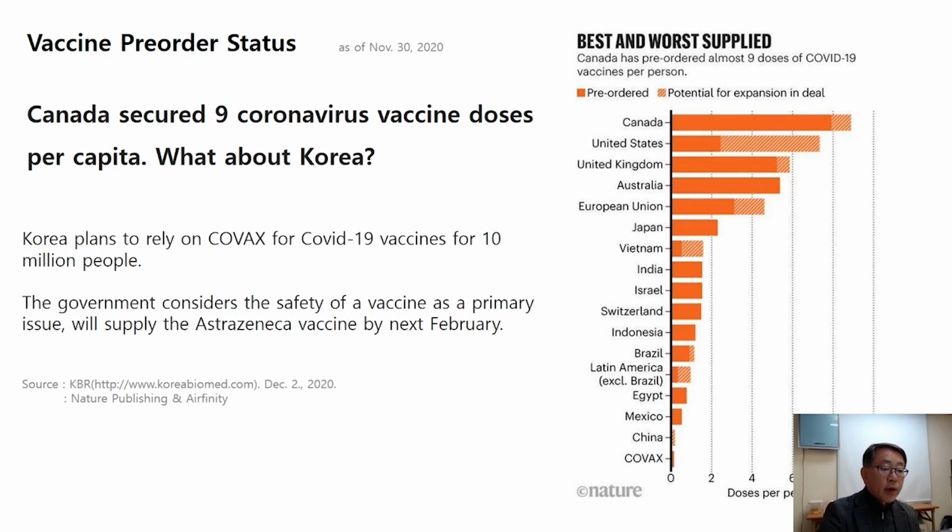So UK acquires 6 doses per person, which means it's more than necessary.